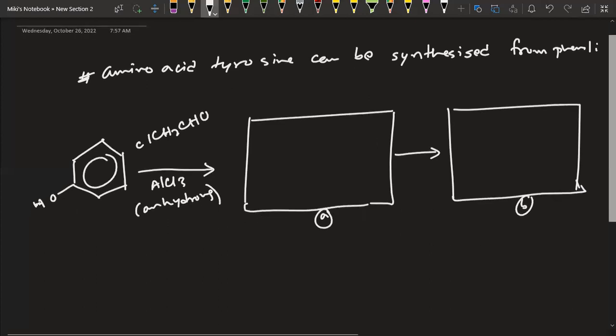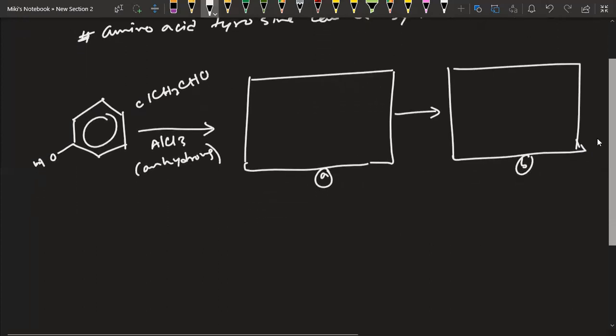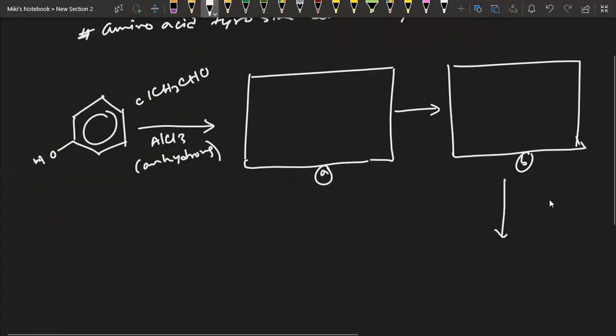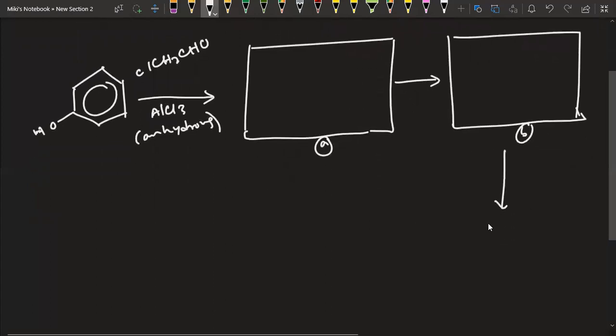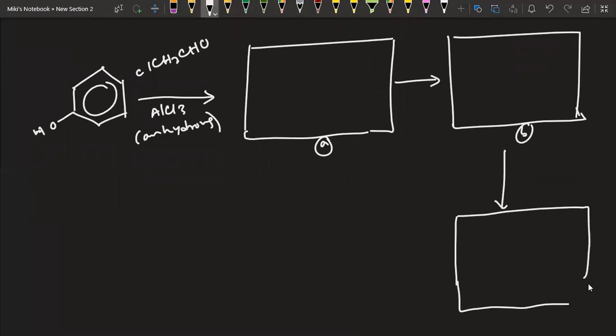Now, from product B, there is another transition towards product C. Okay. From there, when we add PCl5 and then water, the first thing is PCl5, the second part is water, we get a certain product.